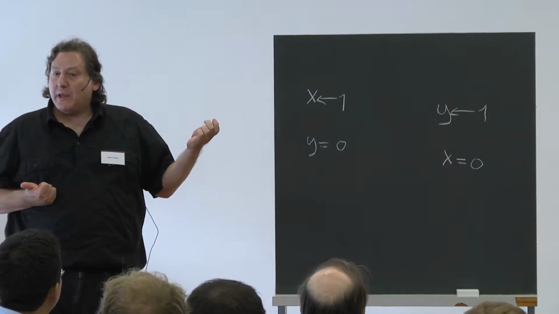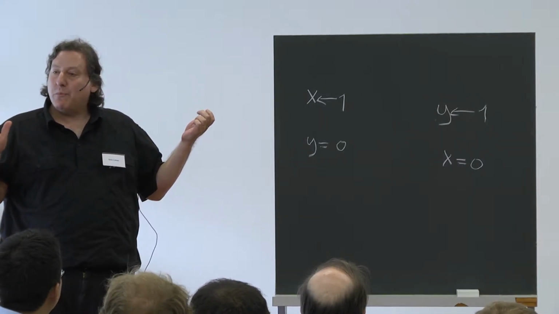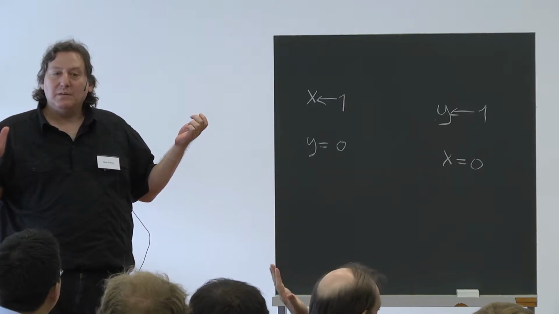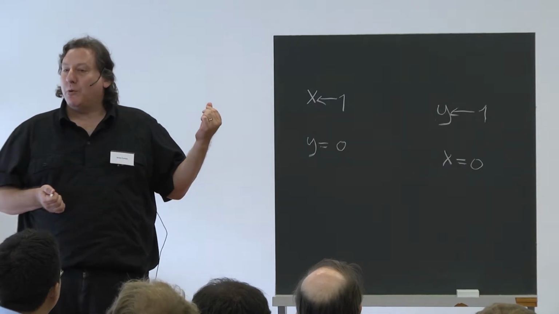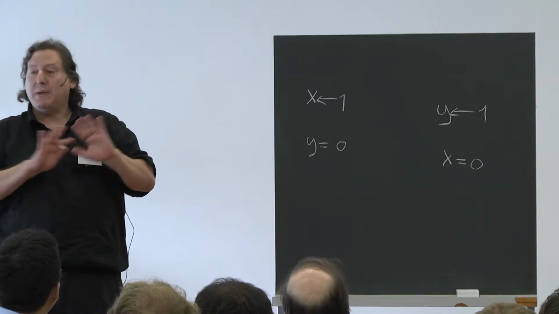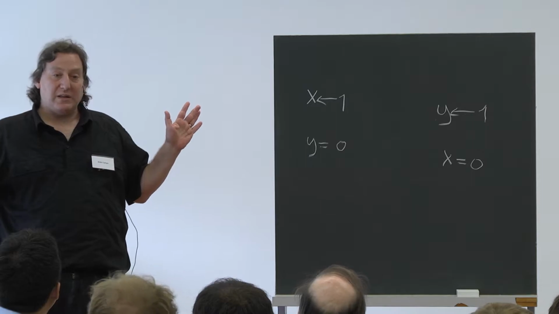Now, in weak memory, how many of you are familiar with weak memory models a little bit? Wow, that's surprising. Good. By weak memory model, I mean anything that's weaker than sequentially consistent.